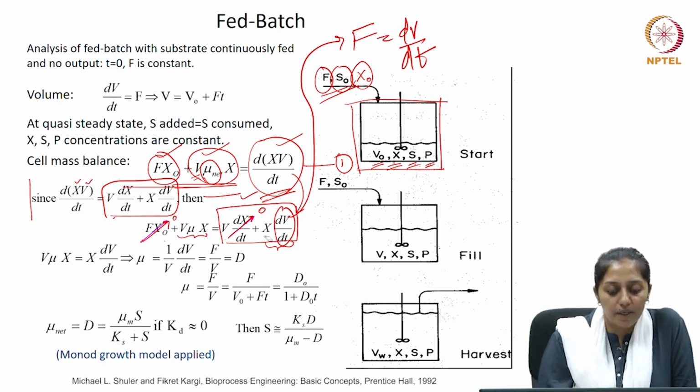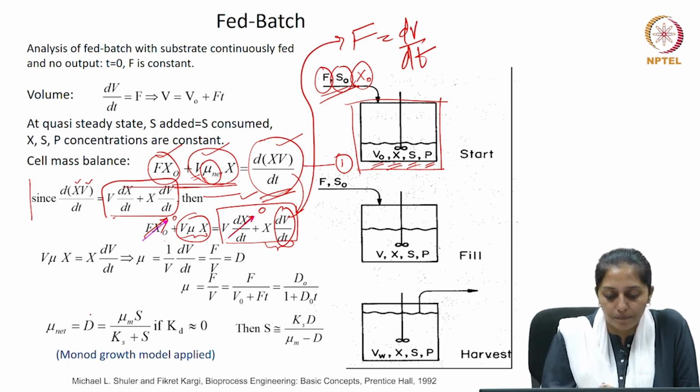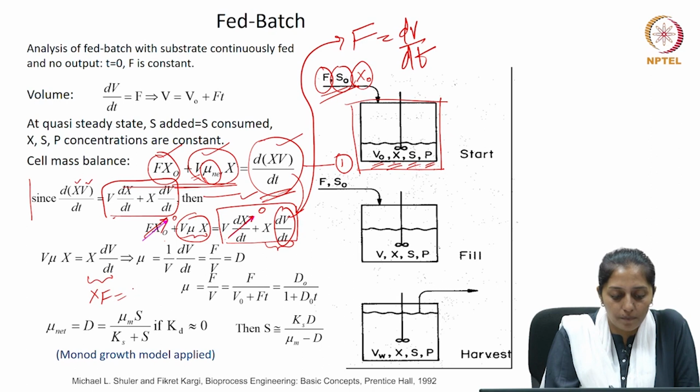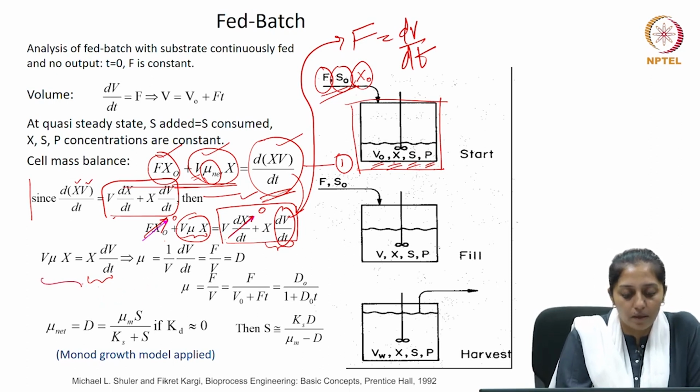So, this equation, and also V mu x, which is here. Let us substitute. So, this becomes x times F, which is equal to V mu x. What they have done in this equation now is that V has been brought here.